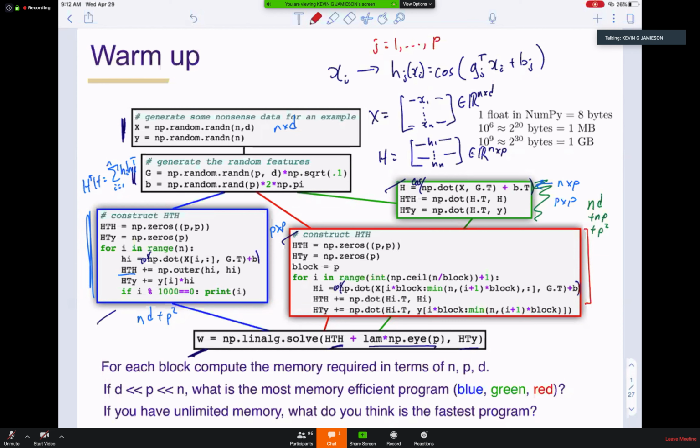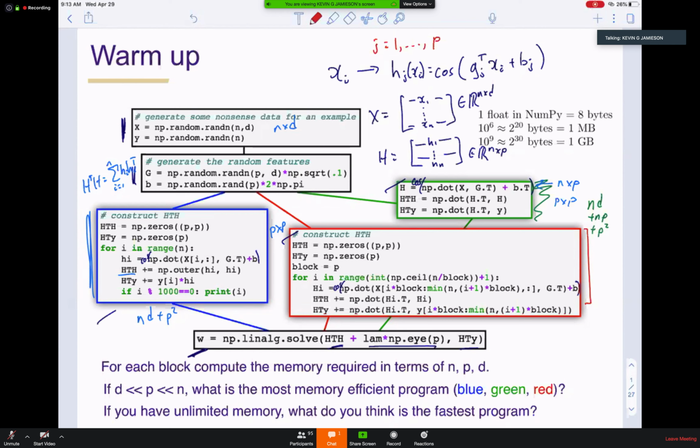Usually any real number that you're putting into NumPy is going to be stored as a float, which is a double, 8 bytes. That's what we're worried about here. You're always going to be storing P squared things in this computation, but you can get down to N times P. The green uses N times P, and if N is very large, then N times P can be much larger than P squared. So you're just trying to avoid that.